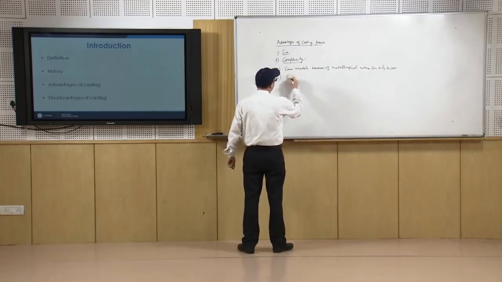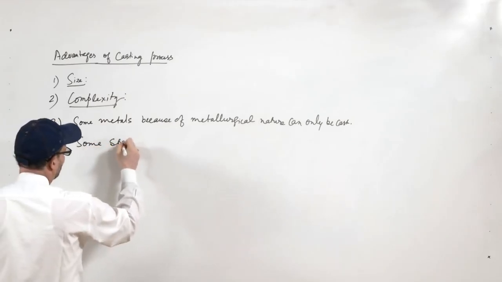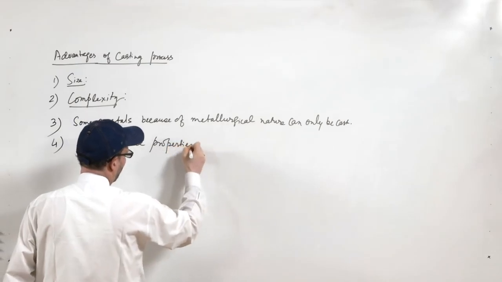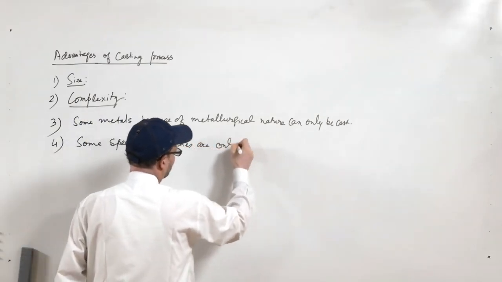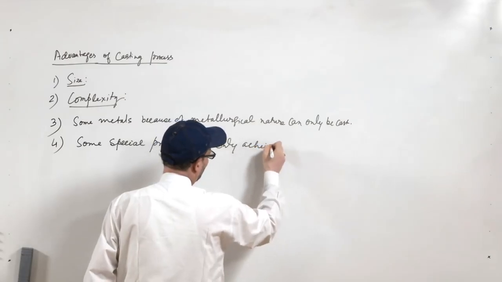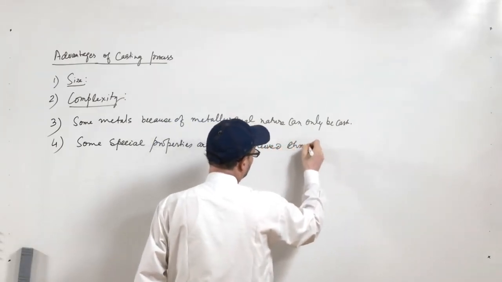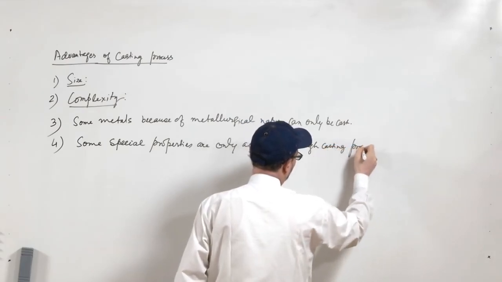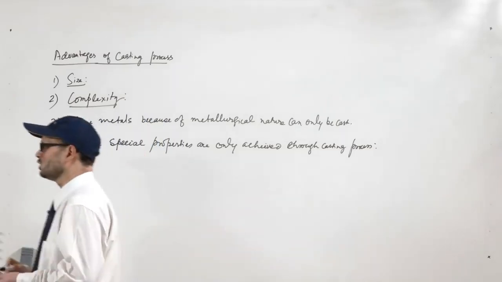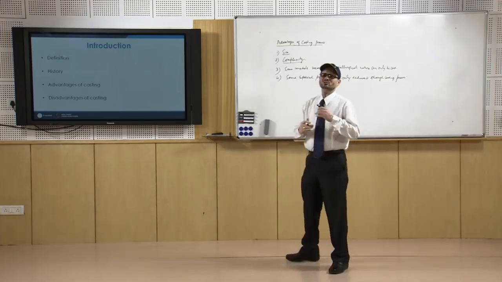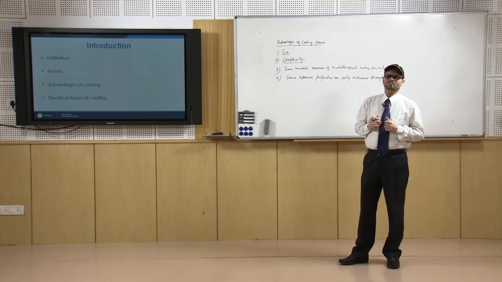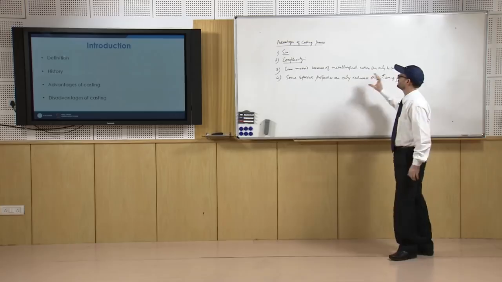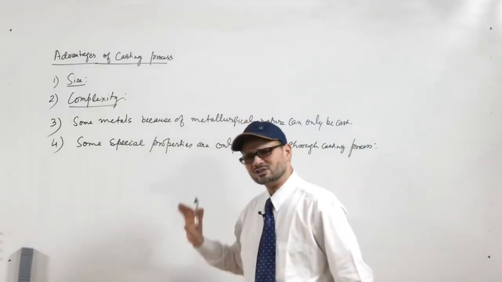Now, some of the special properties are only achieved through the casting process. So, basically when we talk about certain metals, some of the qualities are only achieved through casting.